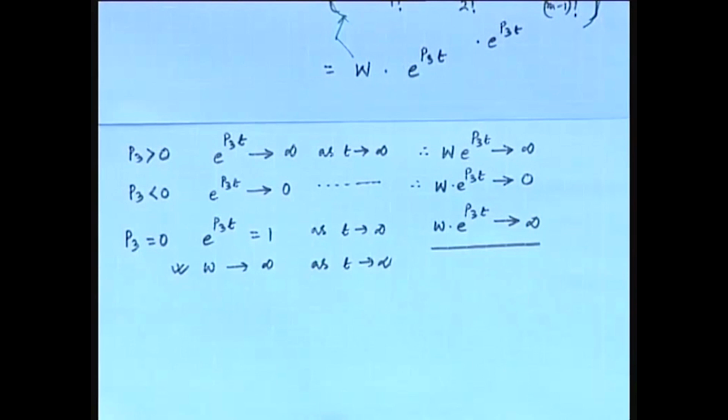Fine. So, these are basically the different real roots associated with a process and the stability of that process.